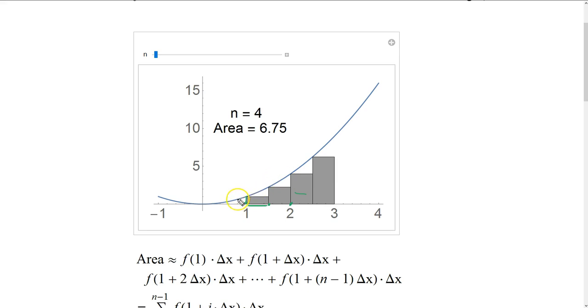And that's because our function was increasing. If our function were decreasing, then the left rectangular approximation method would actually correspond to the upper approximating sum, and the right rectangular approximation method would actually correspond to the lower approximating sum. And we'll take note of that and write that down in an upcoming slide.